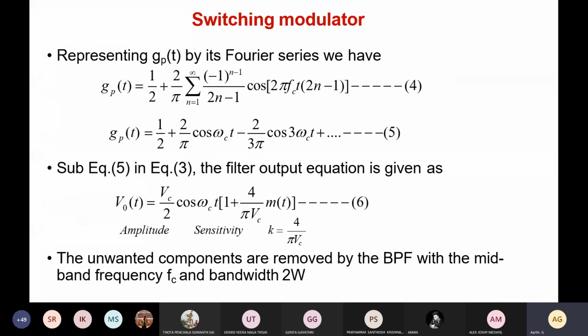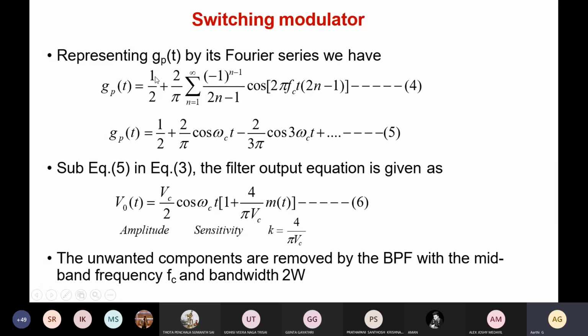Now we are going to represent Gp of t, the rectangular pulse, using its Fourier series. This is the Fourier series of Gp of t: 1 by 2 plus 2 by pi summation n equal to 1 to infinity of minus 1 to the power n minus 1, by 2n minus 1, cos 2 pi fc t times 2n minus 1.